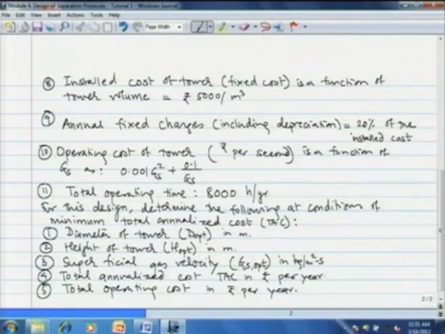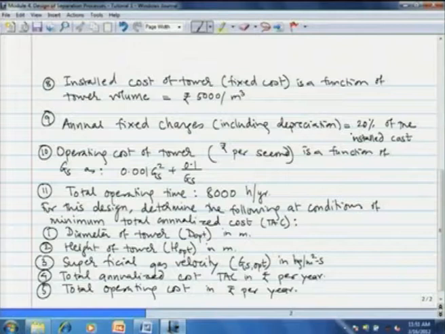Operating cost of the tower, given in rupees per second, is again a function of the superficial gas velocity GS as 0.001 GS square plus 0.1 by GS. The total operating time is estimated at 8,000 hours per year.